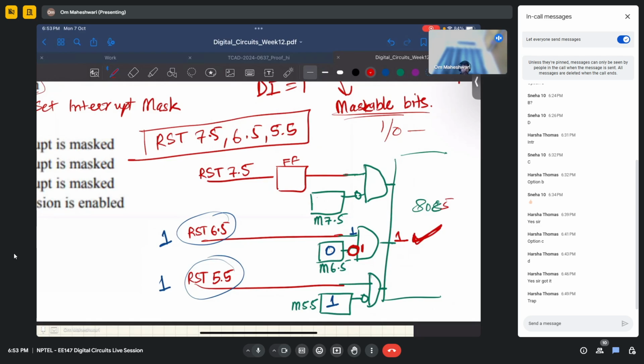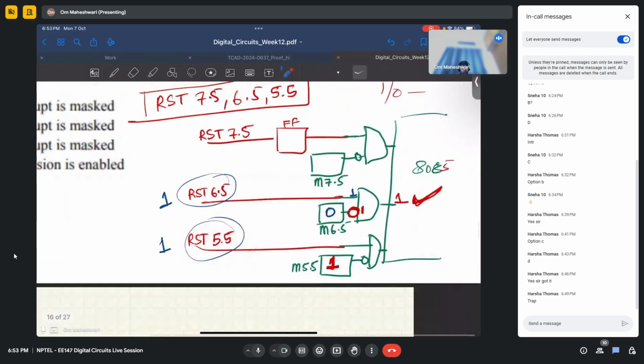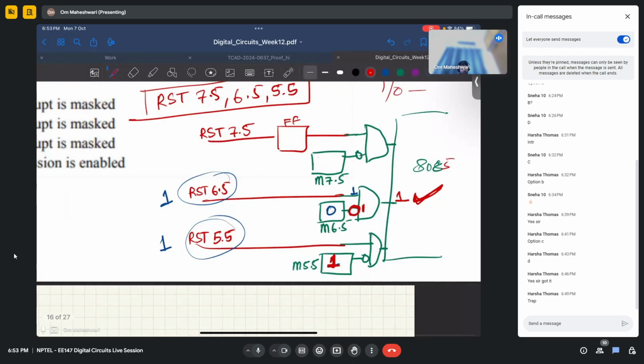In 5.5, I've written 1 here. That mask enable, this mask is 1. So that means this RST 5.5 is masked. Now you can ignore this. And how does that happen?